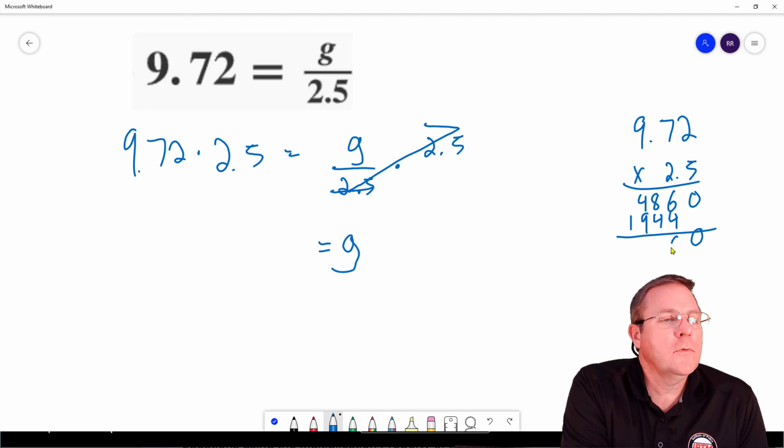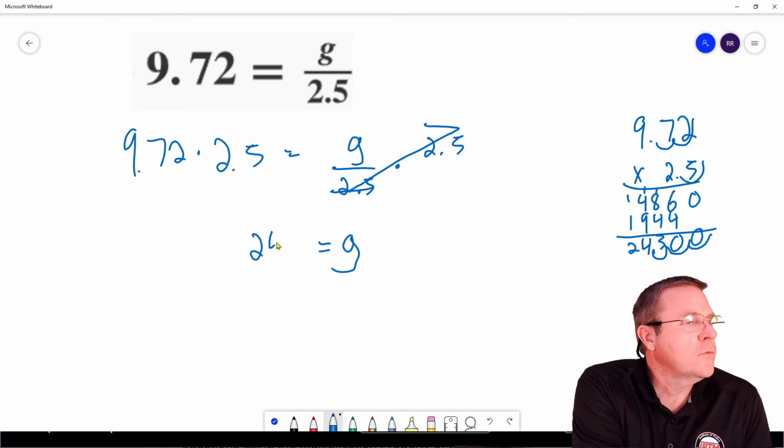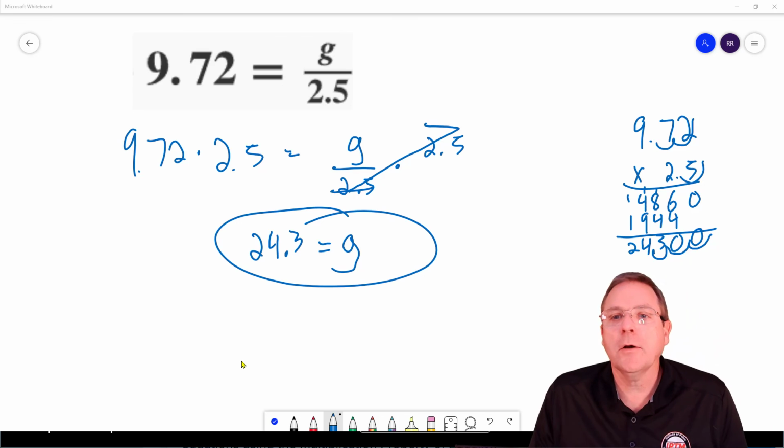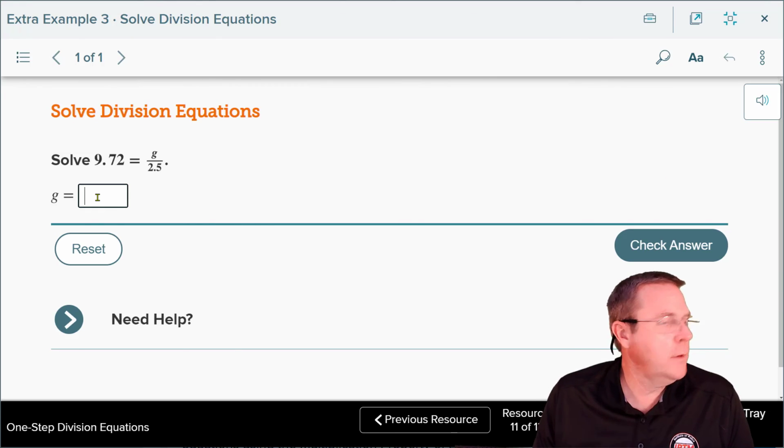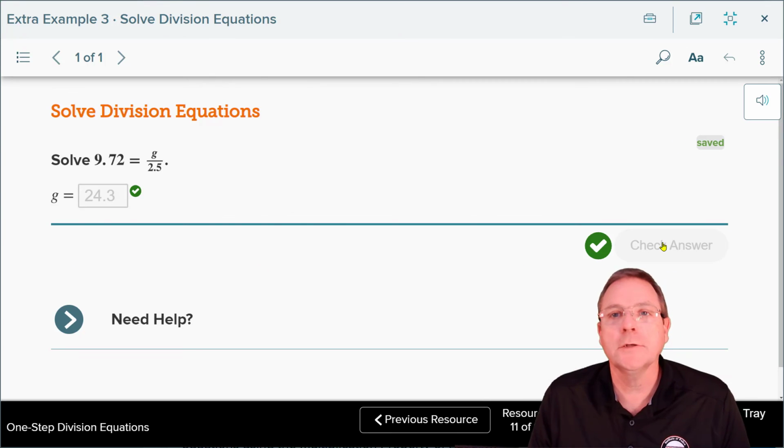Add those up, and that's going to be 14 and a 2. And then we'll go 1, 2, 3, 1, 2, 3. So the answer is 24.3. So from here, we can jump back over to our textbook page, and we can type in 24.3, check, and it checks.